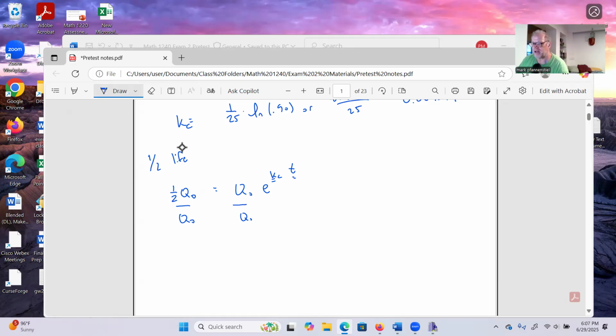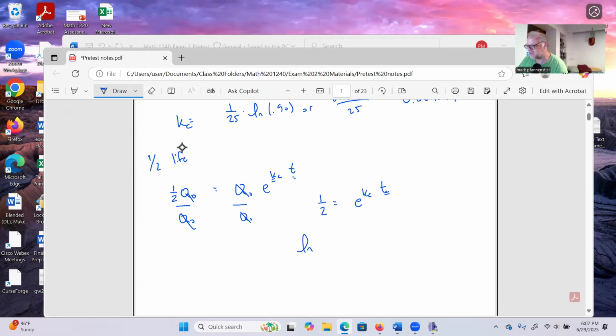Then we'll go ahead and divide both sides by Q sub 0, and what's going to happen is this Q sub 0 is going to cancel, and we're going to get 1/2 or 0.5 is equal to e to the kc times t, and we're trying to solve for our t. So again, there's a variable in the exponent. We take a natural log.